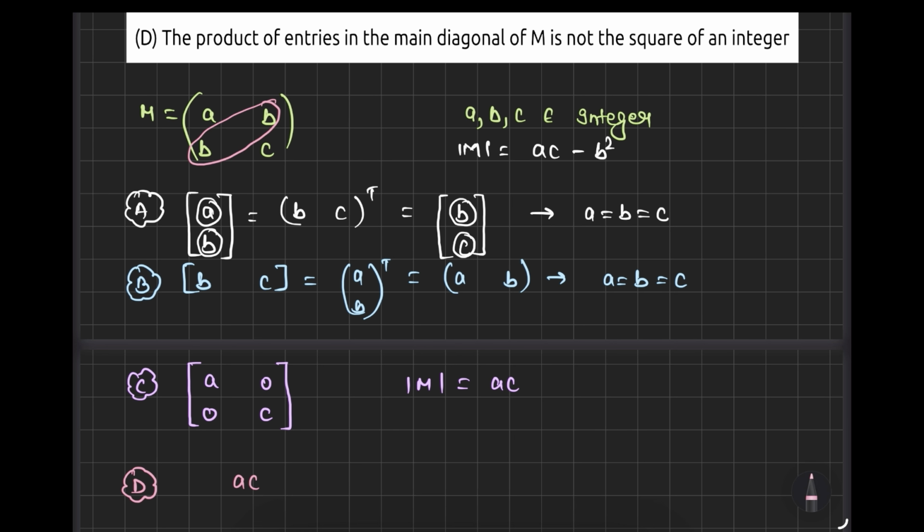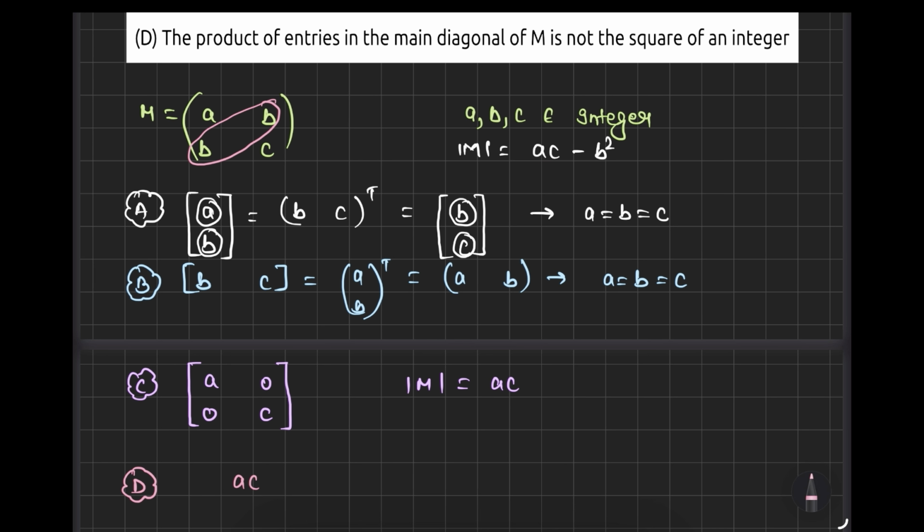Look at this. This was B square, na? B is an integer and it is a square number. So this means what? AC was the product of the diagonal elements. So if this is not equal to the square of any integer, this means it can never be 0.